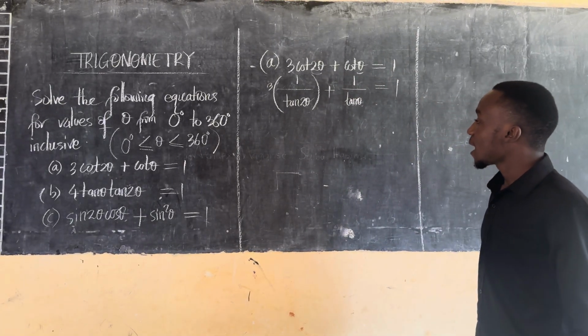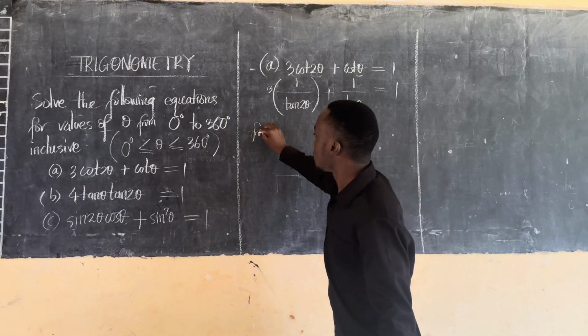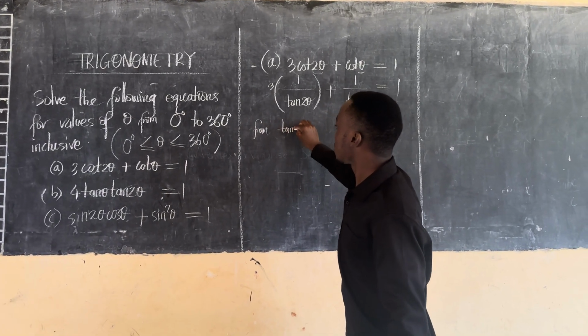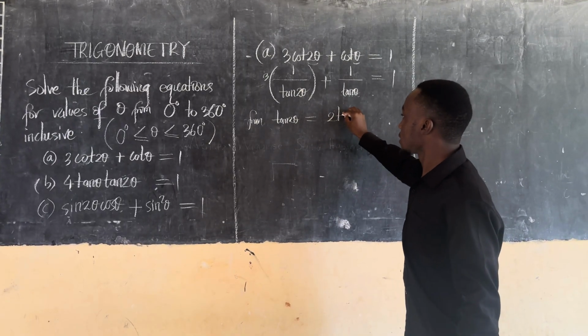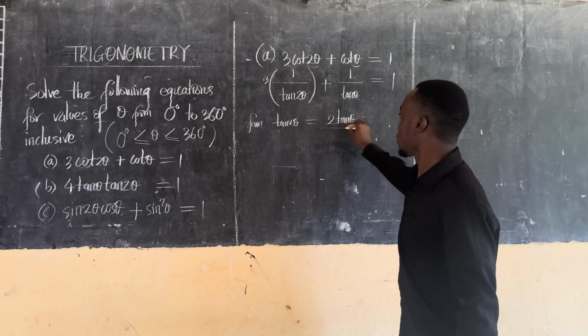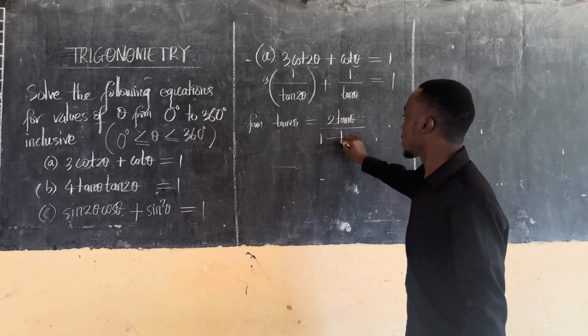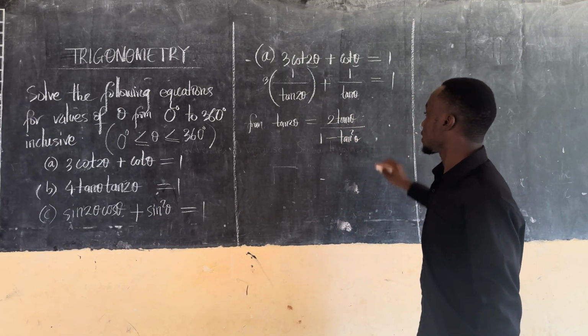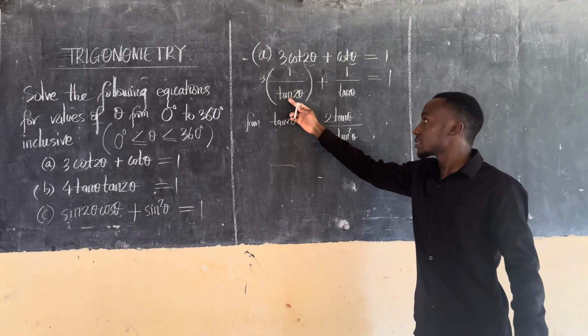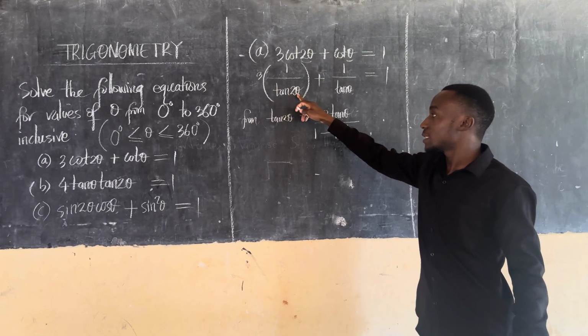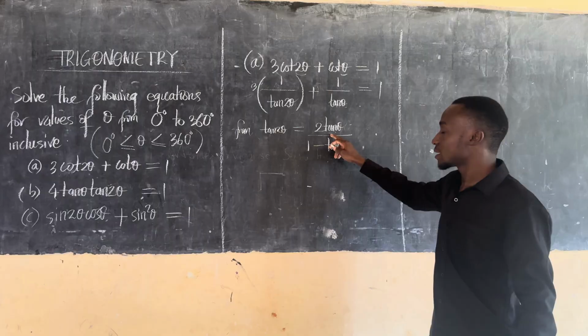After that, I will recall that tan 2 theta is equal to tan theta all over 1 minus tan squared theta. That means 1 over tan 2 theta is the reciprocal of this.